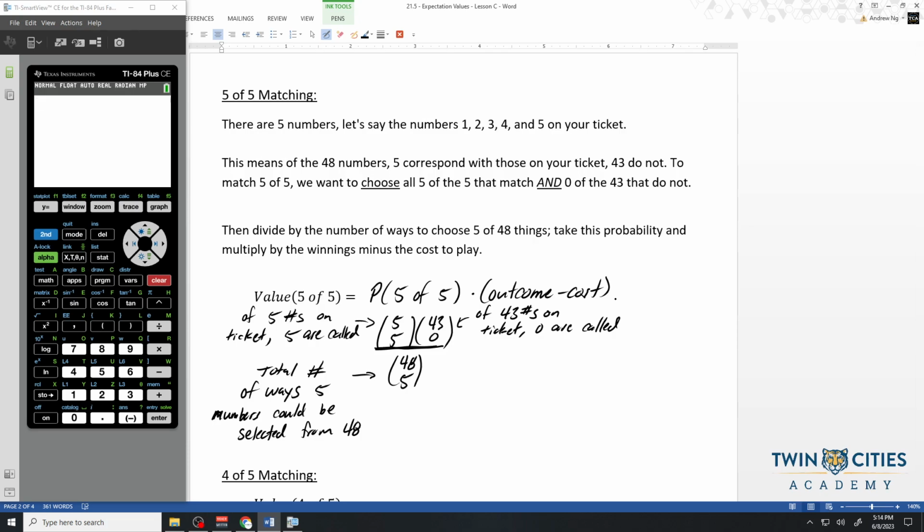So in my calculator, if I'm doing 5 choose 5 first on top, then I can do this in parentheses and just say 5, go to math, over to probability, and then down to nCr. So 5 choose 5. And then that is going to get multiplied to 43 choose 0.